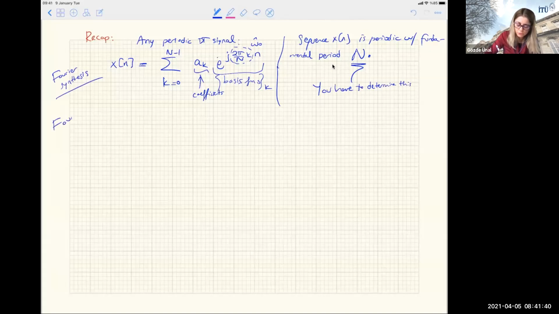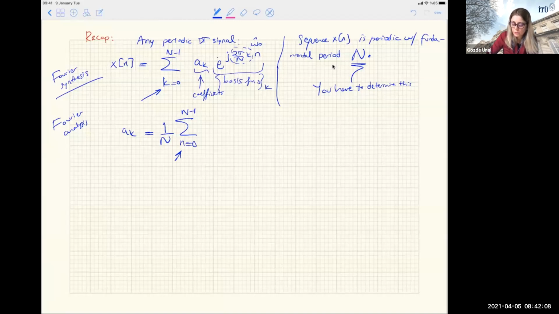And we know how to find a_k also, which is the Fourier analysis equation, through, remember, an extra 1 over N, like normalization, averaging in a way. Now please pay attention, here the sum was over k. Here the sum is over n, because here I'm summing over frequencies, where the frequency index is k.